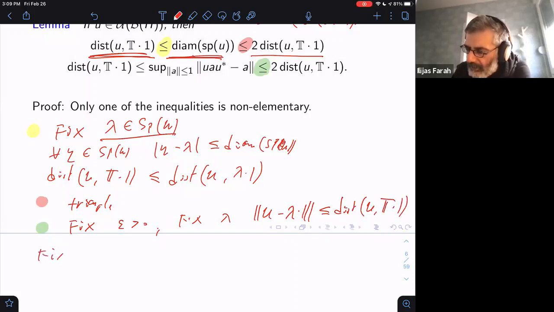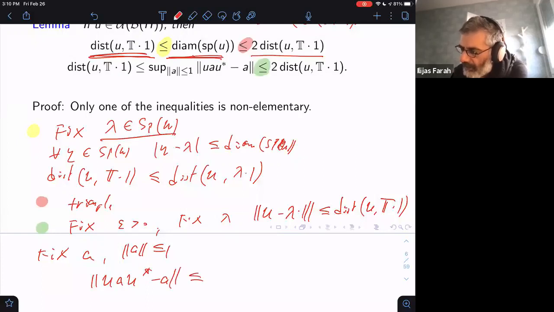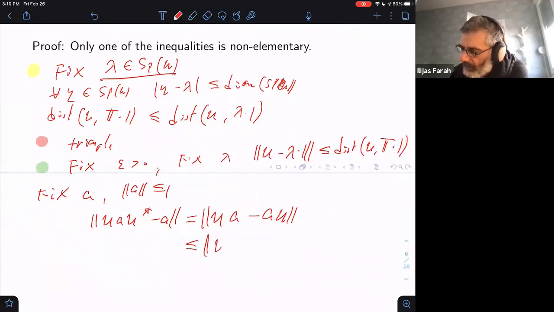Well, then if I fix A such that the norm of A is at most 1, then the norm of UAU star minus A is equal to the norm of UA minus AU, and it is less than or equal to the norm of UA minus lambda A plus lambda A minus AU, right?